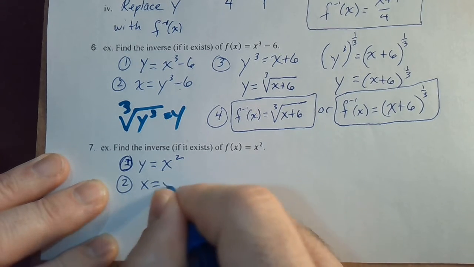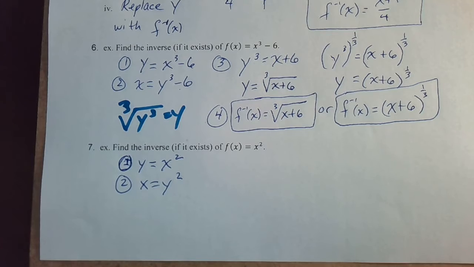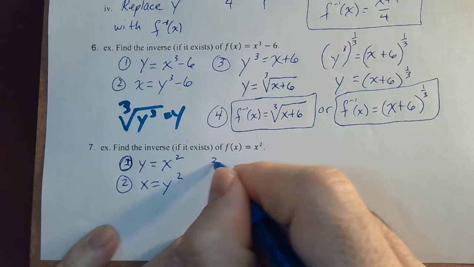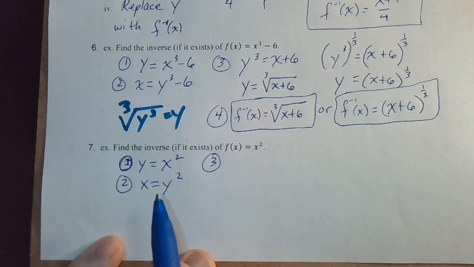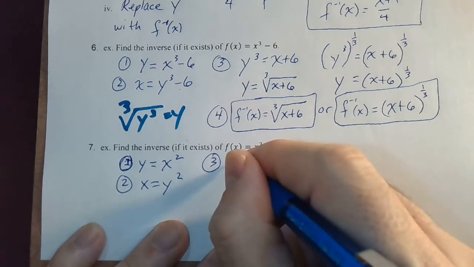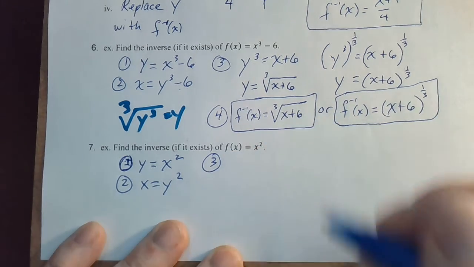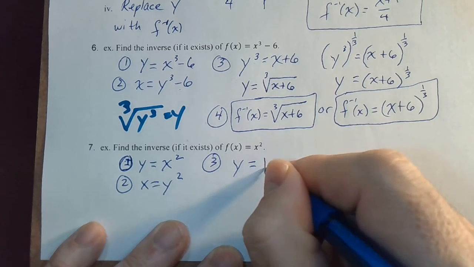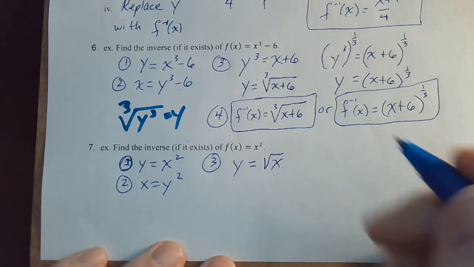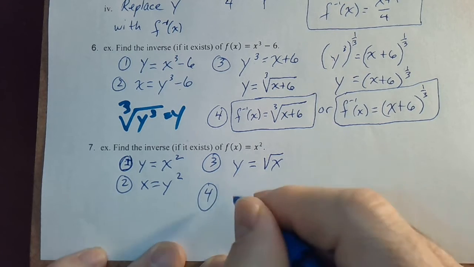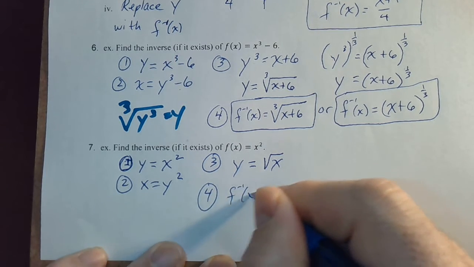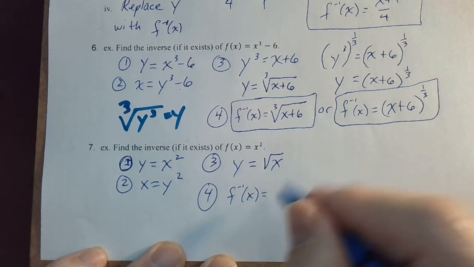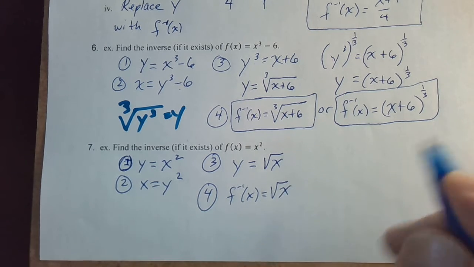So x equals y squared. Step 3 is solve for y. So take the square root of both sides and you get y equals radical x. Step 4, f inverse of x equals radical x.